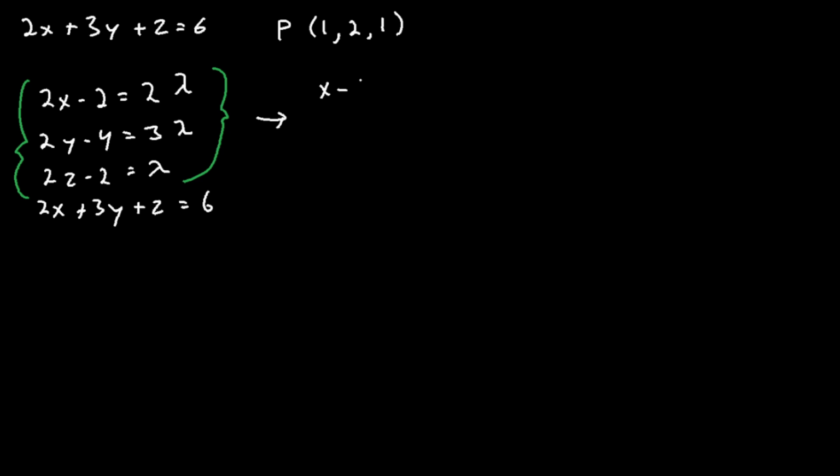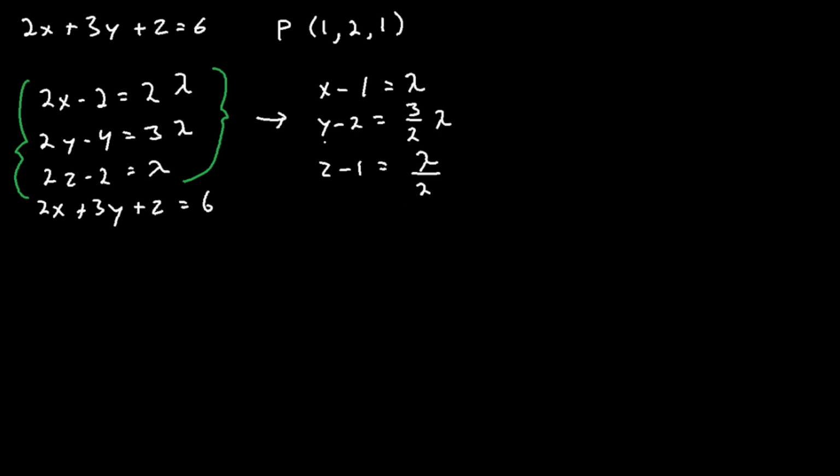Let's just do this step by step. 2x minus 1 is equal to lambda, because I divided by 2 on both sides. This is 2 over y minus 2 is equal to 3 over 2 lambda, and z minus 1 is equal to lambda over 2, divided by 2.